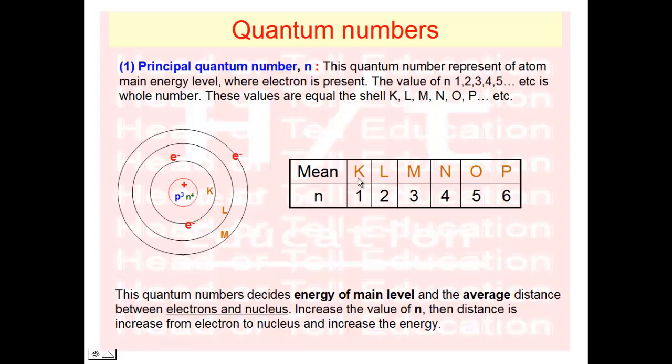Here K means n equals 1, the nearest to the nucleus, so the energy is low. Now L equals 2, so the distance between the electron and nucleus increases, and the energy increases. Now M equals 3, the distance increases again, so the energy of the electrons increases again.